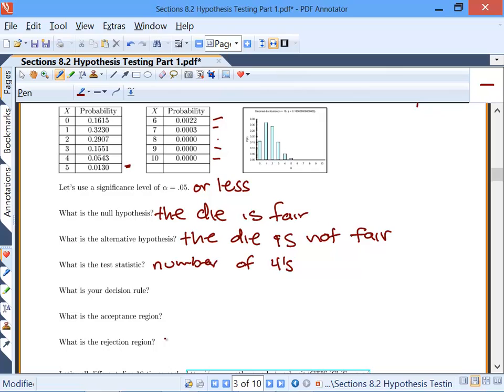So for my rejection region, or for my decision rule, let's find the probability that x equals 10, 9, 8, 7, 6, or 5. So what are those probabilities if I add them up? Or if you use the complement rule, so I'm going to go ahead and try that.